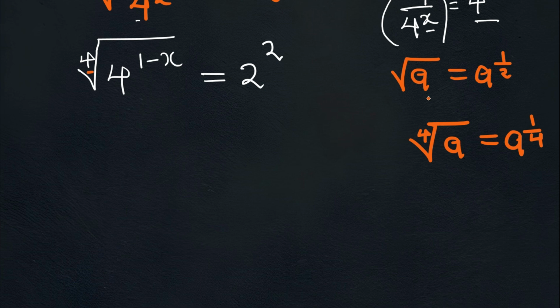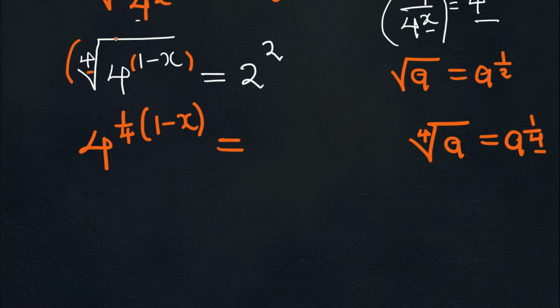So we are going to multiply our exponent by 1 over 4 in order for us to get rid of the fourth root. So our expression will therefore be 4 to the power of 1 over 4, because we are getting rid of the fourth root, into brackets 1 minus x is equal to 2 to the power of 2.